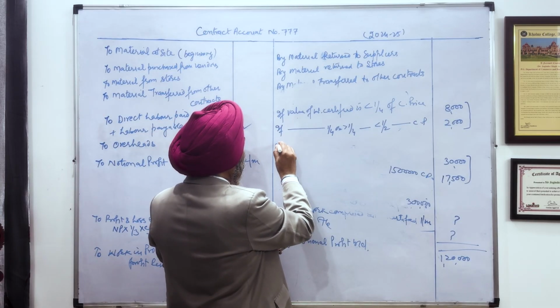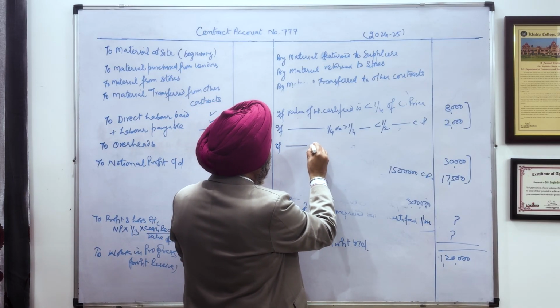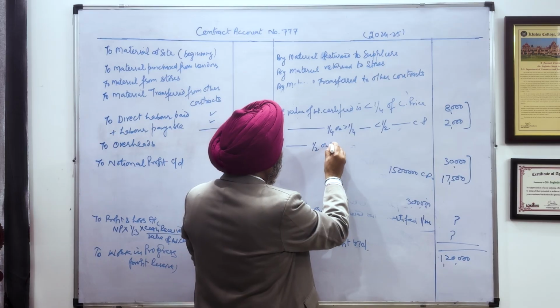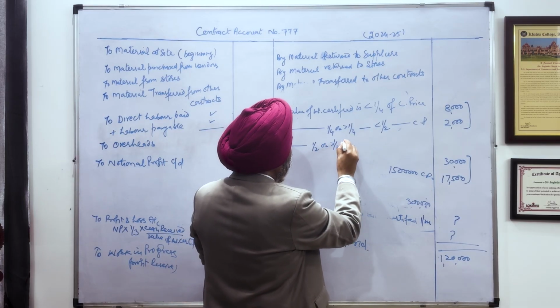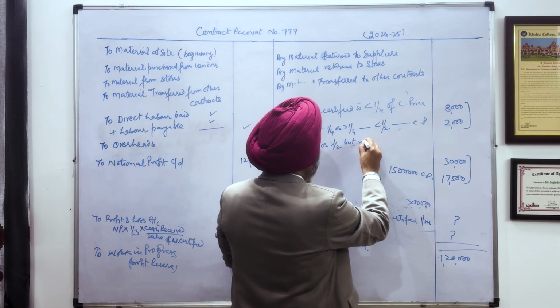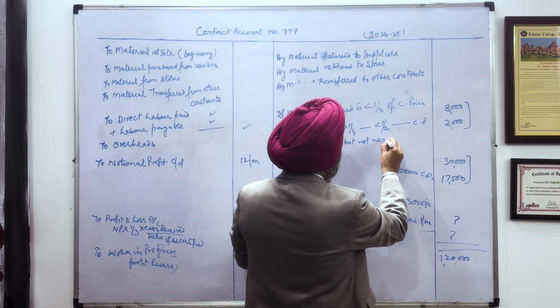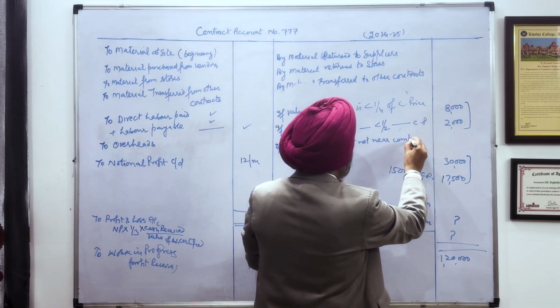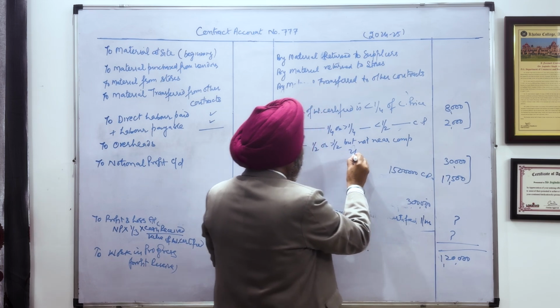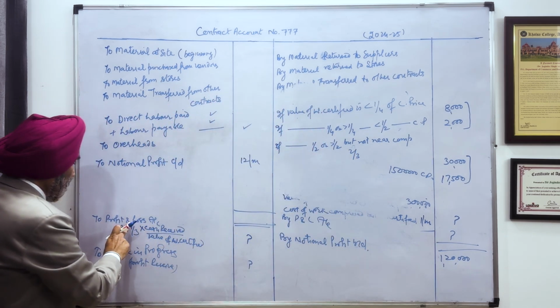And if the value of work certified is 1/2 or more than 1/2, but not near completion, then 2/3 is carried on to profit and loss account.